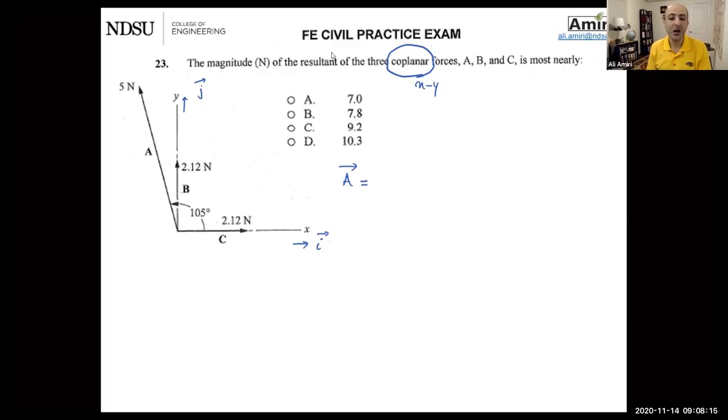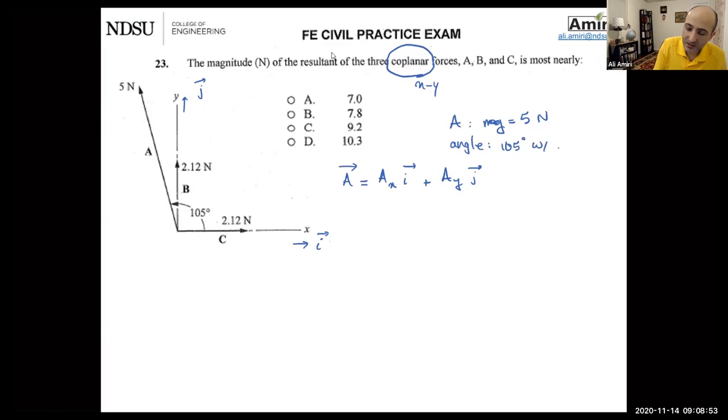We usually show the X one with I, and we usually show the Y with J. So A would be component X, I, plus component Y, J. This is how we're going to write it. All we have to do now is find the magnitude. So for A, the magnitude is 5 newtons. The angle or the direction is 105 degrees with the positive x-axis.